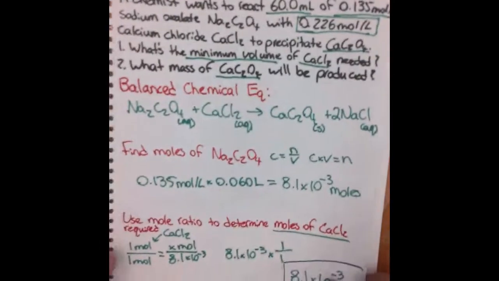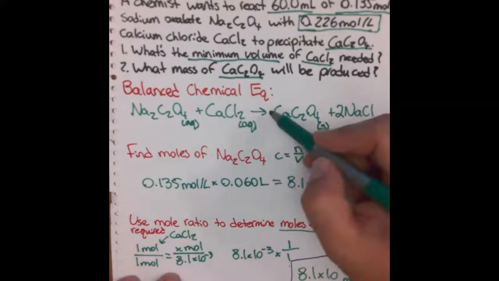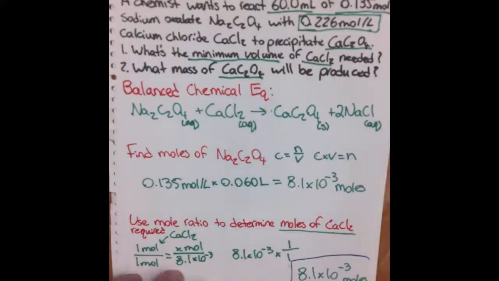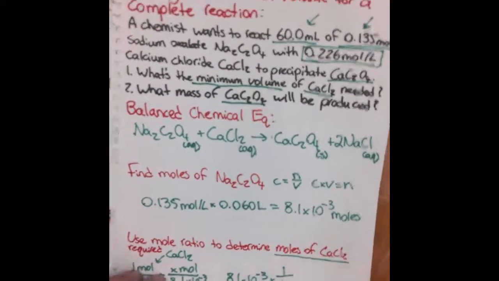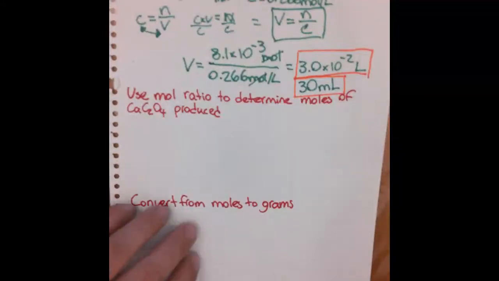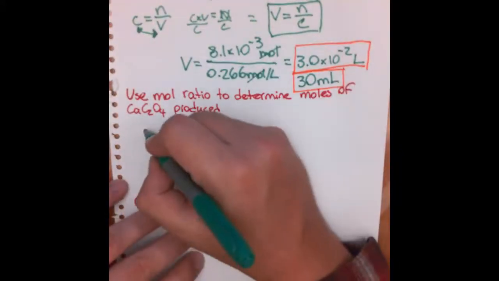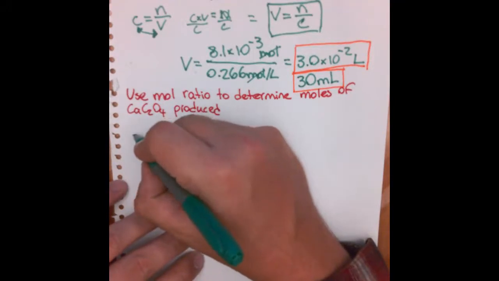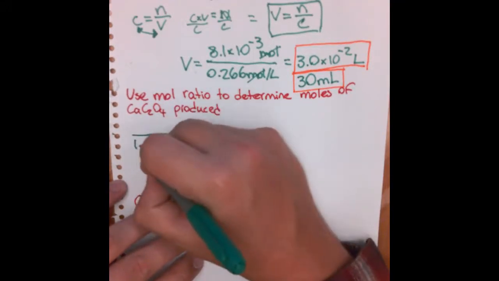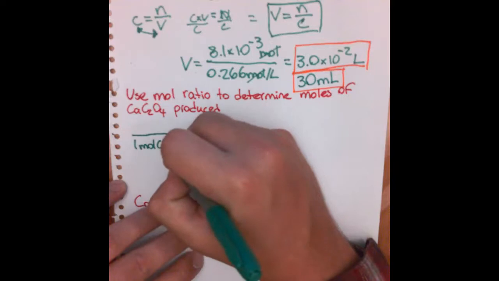If we go back here, luckily we have a 1-to-1 ratio again, so that makes things very, very simple for us. Our number of moles of CaCl2 goes on the bottom: 1 mole CaCl2.